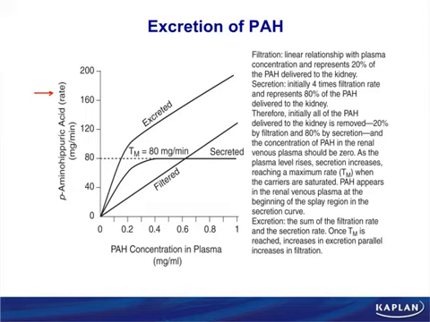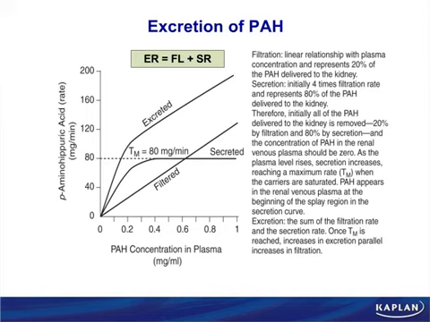Rate of what? Rate of three things: rate of filtration, or filtered load; rate of secretion, because PAH is secreted; and rate of excretion. Now remember, excretion rate is equal to filtered load plus secretion rate. And that's the equation we're going to use to explain this graph.